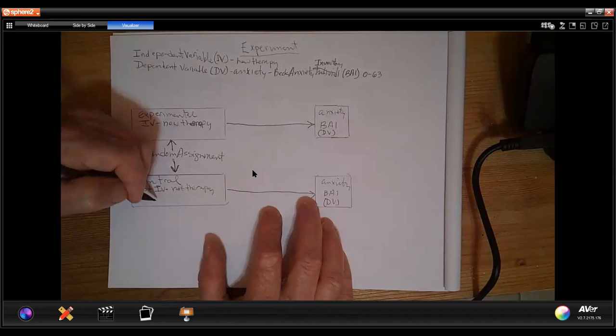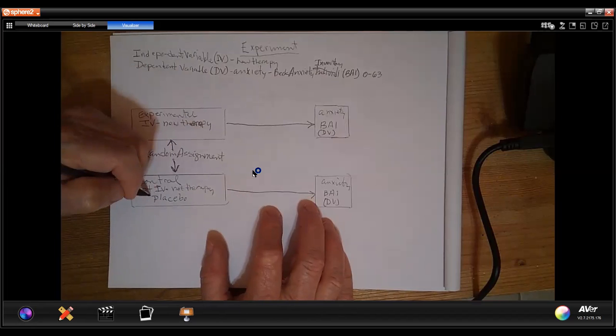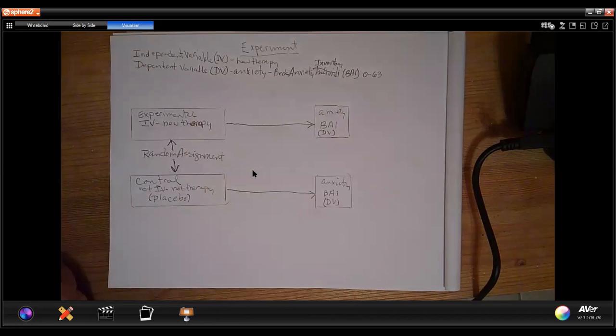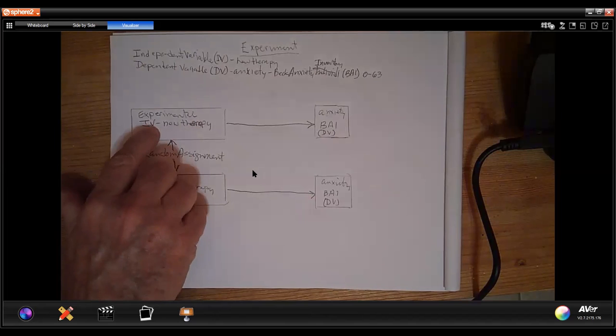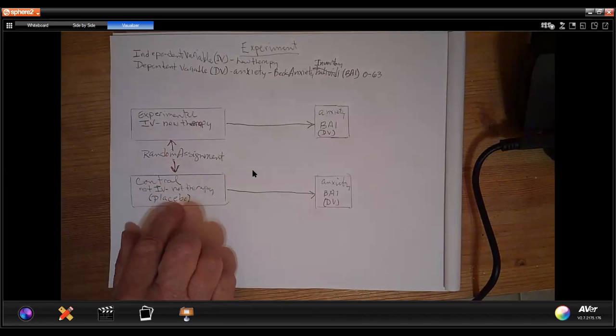Okay, well, this group, rather than getting nothing, they receive what we call a placebo. Okay, placebo is something that appears to be similar to the independent variable, but in fact has no power to influence the outcome.